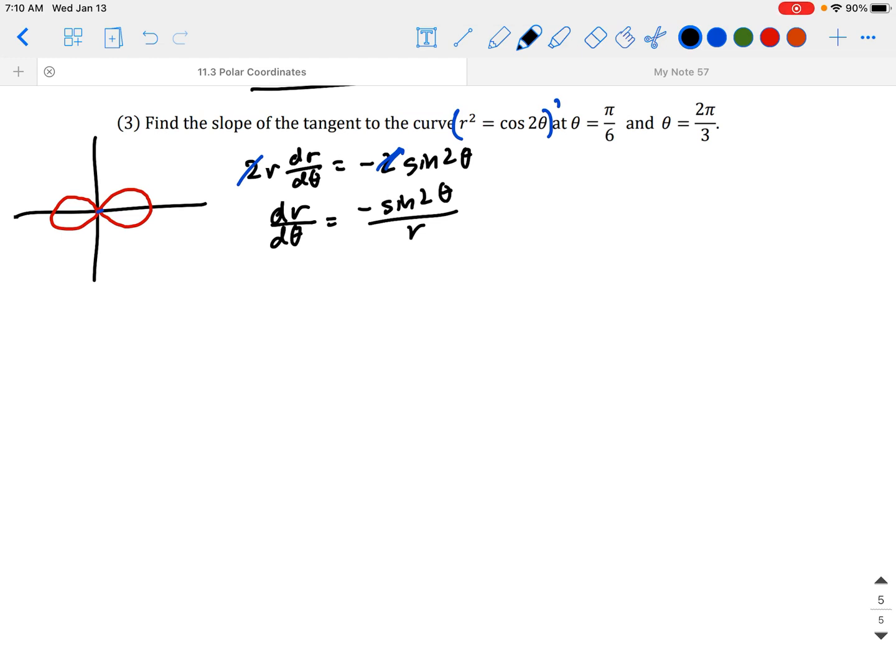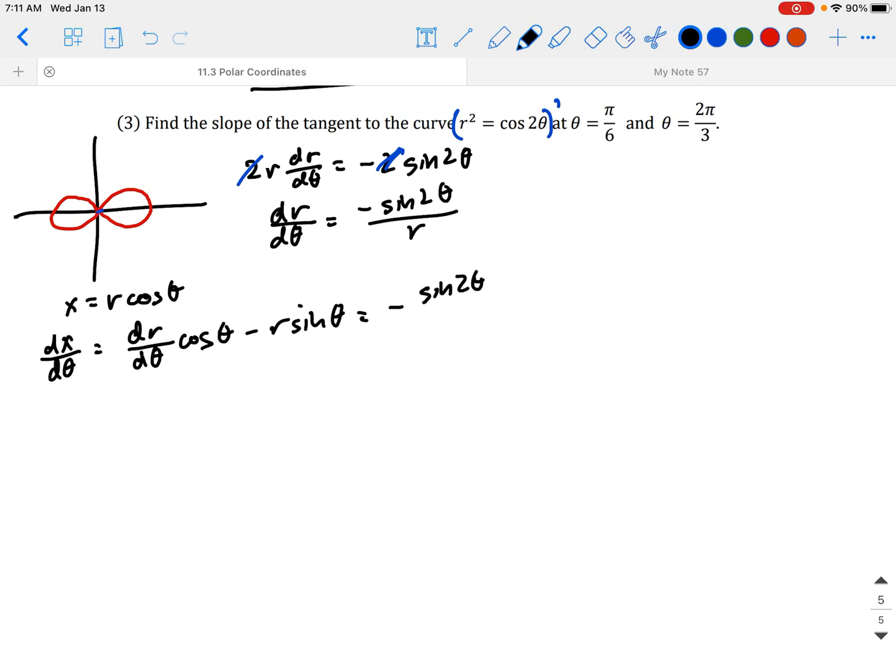All right, so let's go ahead and calculate for x. So x is r cosine theta. So dx d theta is equal to dr d theta cosine theta minus r sine theta. So for this, we can go ahead and work this one out first.